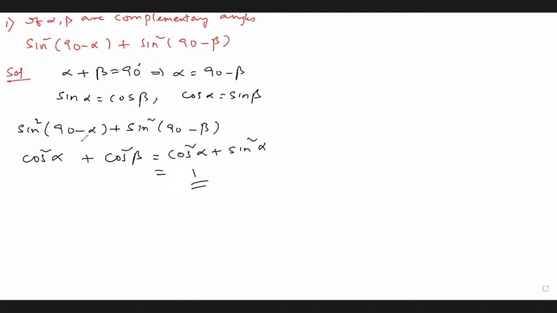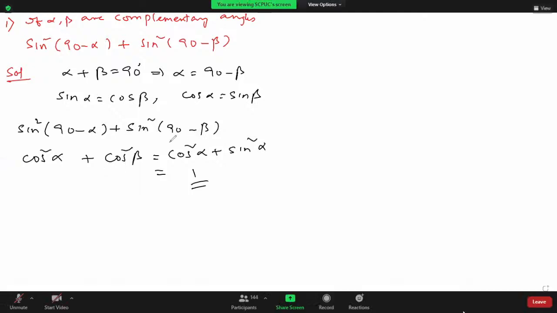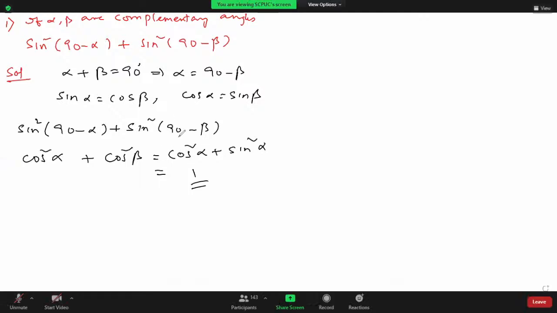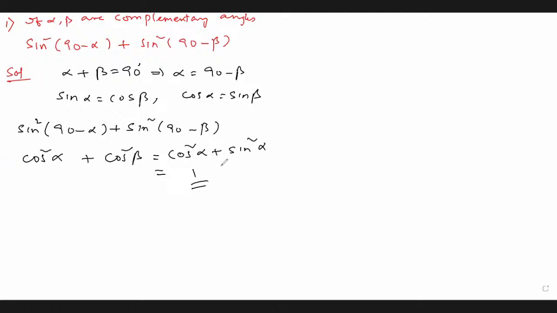Now, sin 90 minus theta is equal to cos theta, means sin square 90 minus alpha becomes cos square alpha plus sin square 90 minus beta becomes cos square beta. So cos square alpha as it is, instead of cos square beta, you can write sin square alpha. You know very well, cos square alpha plus sin square alpha is equal to 1. So this is the answer. Copy this one.